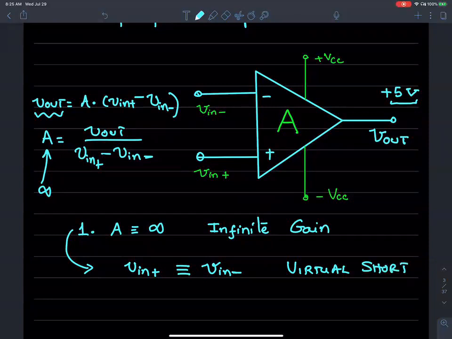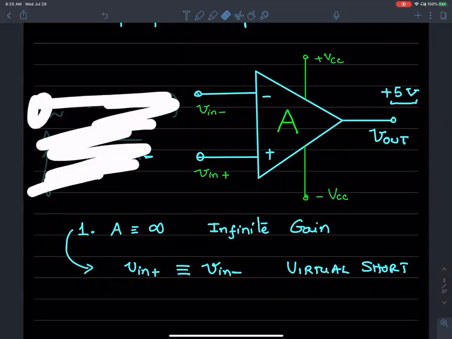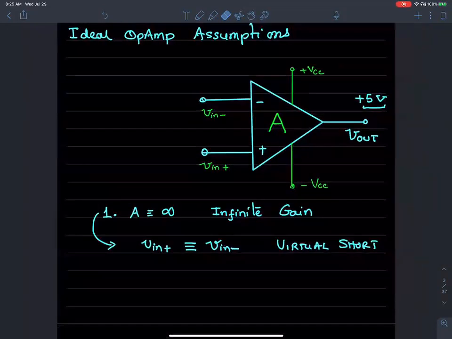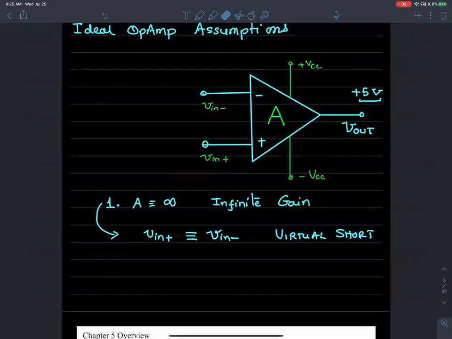Okay, so this is the idea of virtual short. A direct consequence of the assumption that the gain is infinity, or really, really large, is that V input plus will ideally be equal to V input minus. That's the first op-amp assumption.